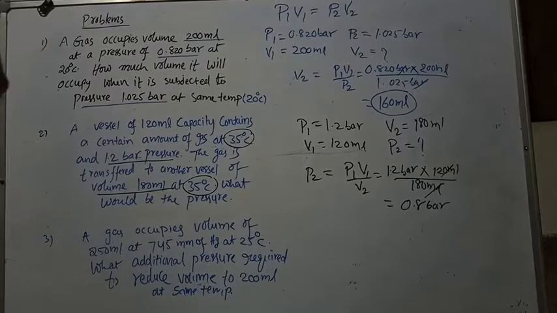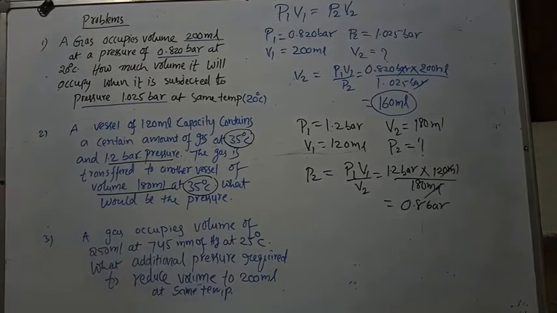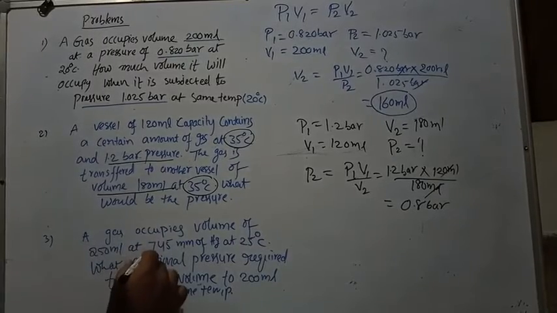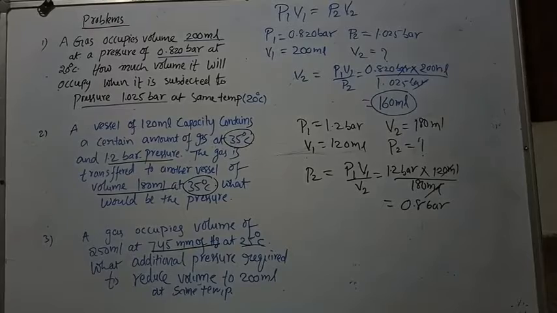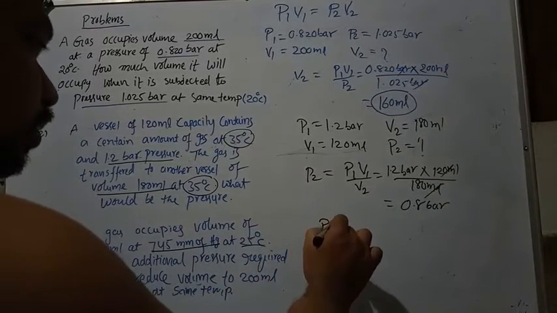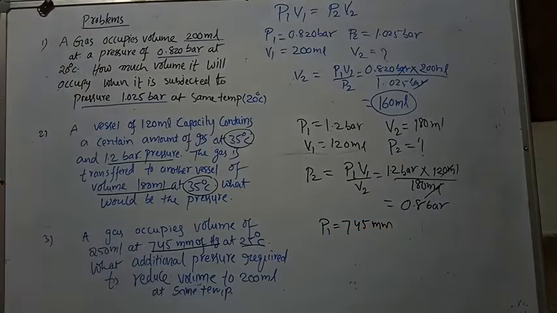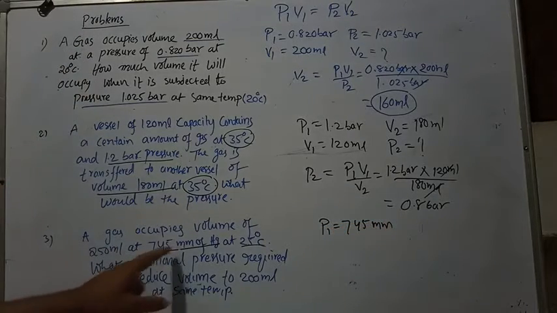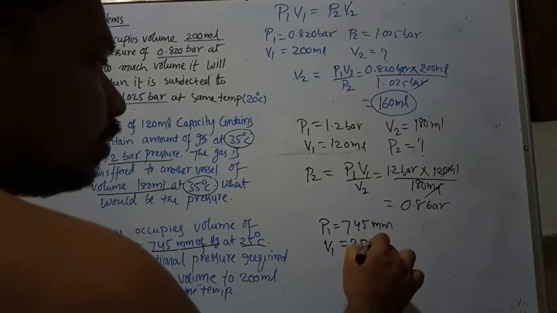And coming to the third problem: a gas occupies volume 250 ml at 745 mm of Hg at 25 degrees Celsius. At 25 degrees Celsius, pressure is 745 mm of Hg. At this pressure, volume is 250 ml.